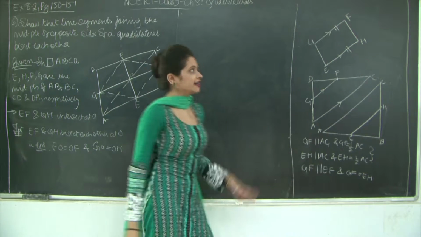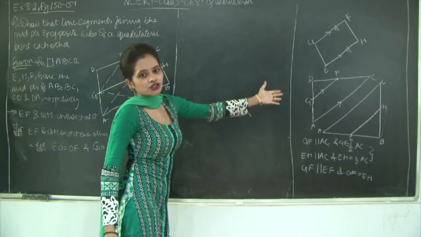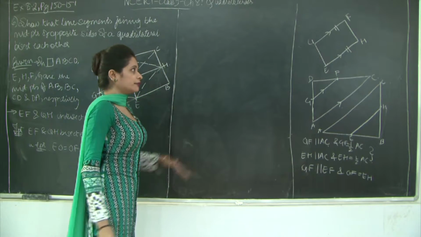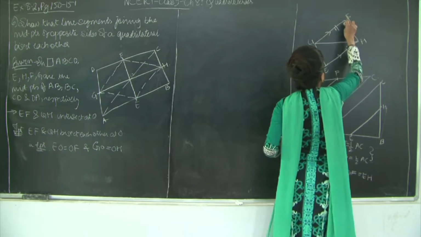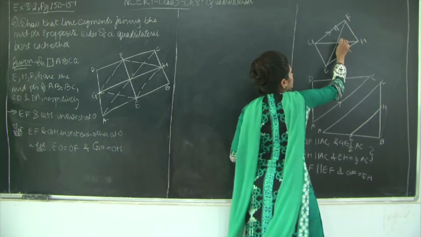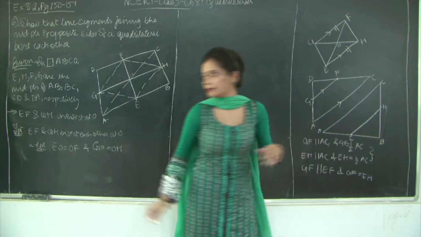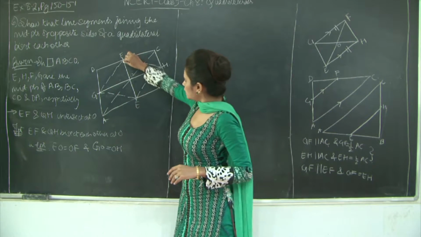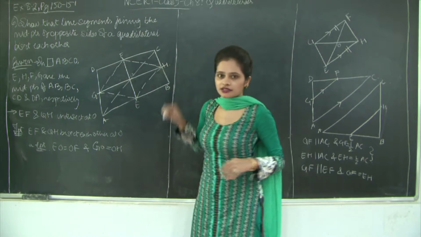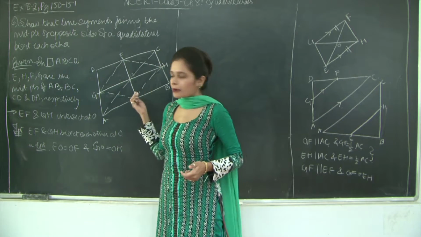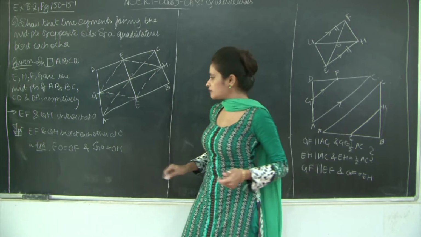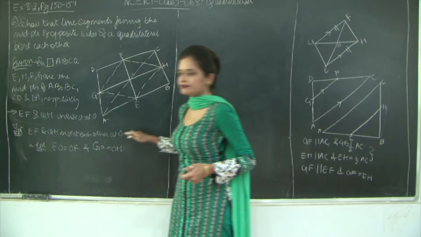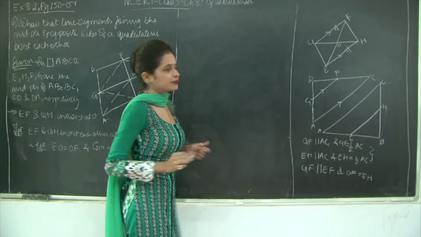Therefore, quadrilateral GFHE is a parallelogram. In my parallelogram, the diagonals are FE and GH, and diagonals of a parallelogram bisect each other. Therefore, FE and GH are bisecting at O, which is what we need to prove. Simple? Let us go ahead and write the proof.